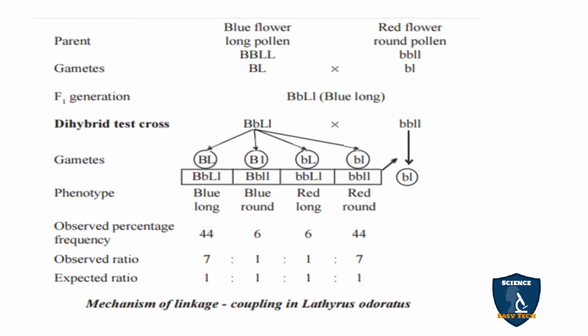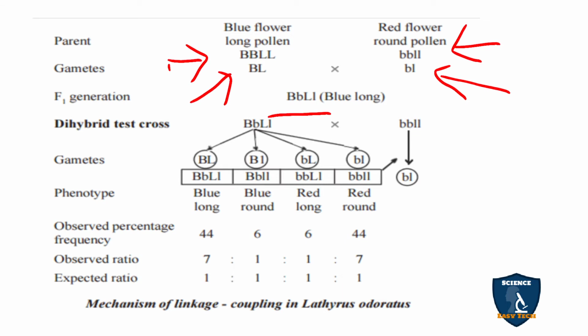For you they have changed it. A blue flower with long pollen, capital B, capital L dominant, is crossed with a red flower, round pollen, small b, small l, and the gametes are capital B capital L and small b small l. In the F1 generation they get blue flower, long pollen, capital B small b, capital L small l, the dominant character.